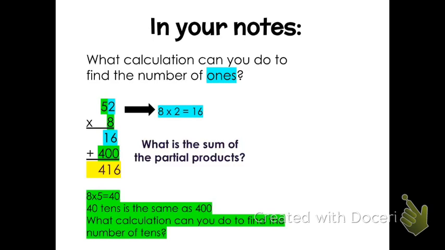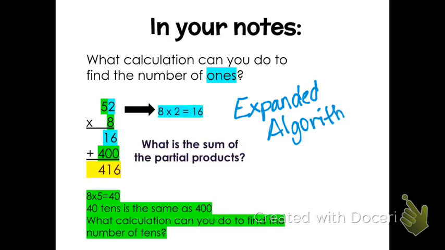And in your notes, if you would go ahead and add expanded algorithm on your note page. That will help you remember which one is which. So this one is expanded algorithm, and the one we are about to learn next will be standard algorithm.